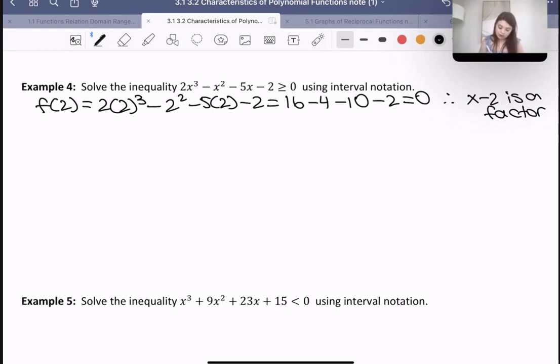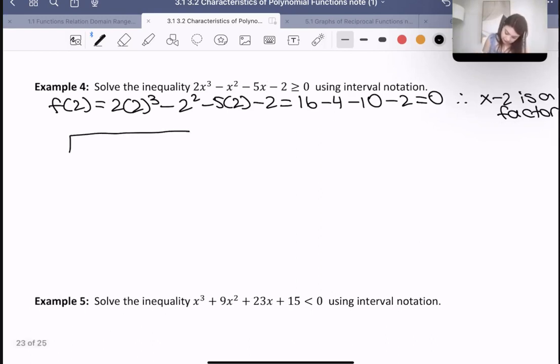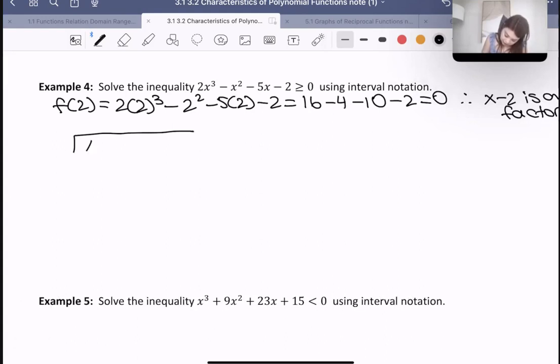So now we're going to use our long division to figure this out. 2x cubed minus x squared minus 5x minus 2, and then we have x minus 2 out here. Okay, so how many times does x go into 2x cubed? 2x squared times.